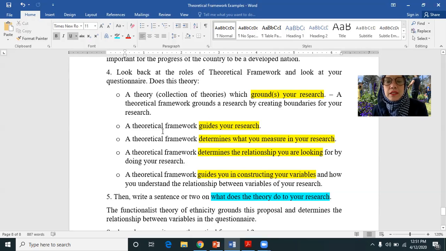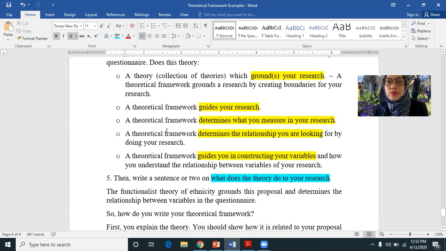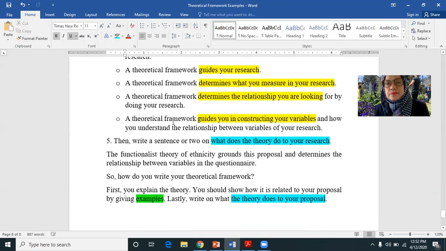Number three, it determines your variables or your questions or what you measure in your research. Four, it determines the relationship you are looking for in your research. And lastly, number five, it guides you in constructing your variables, what you want to measure, and understanding the relationship between the variables that you have chosen.